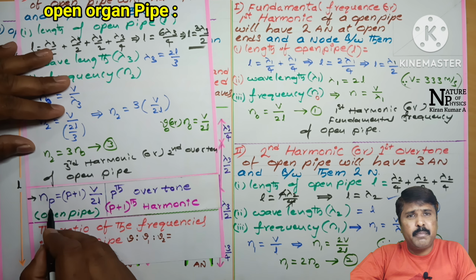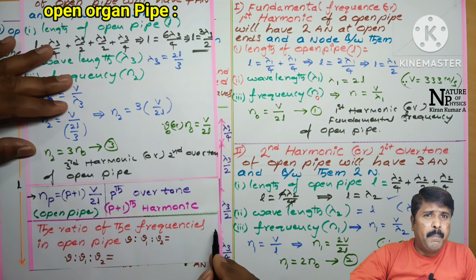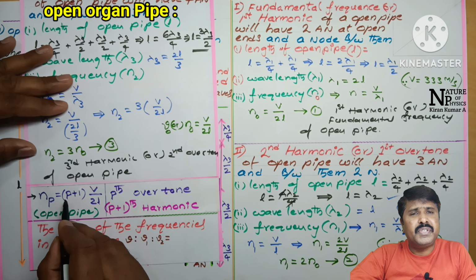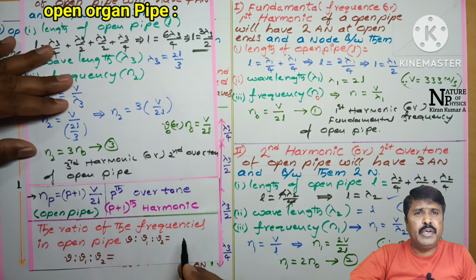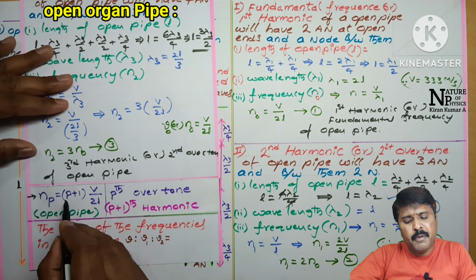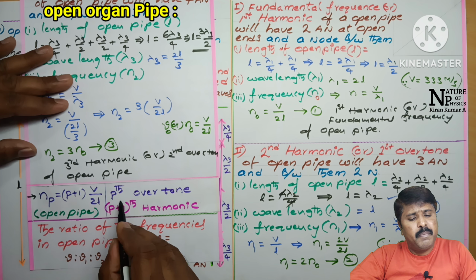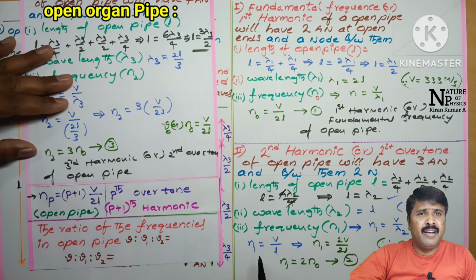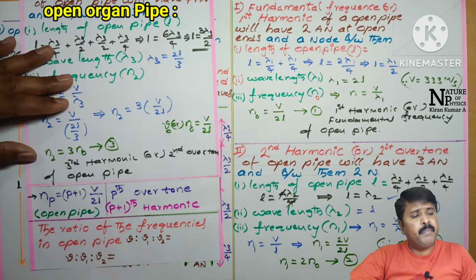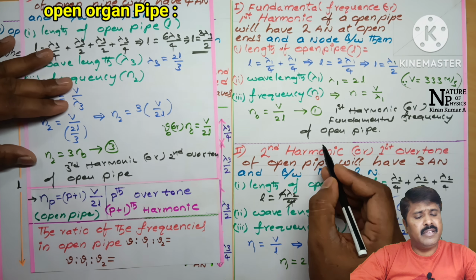Okay, so this is the basic formula for the open pipe: NP is equal to (P plus 1) V divided by 2L, where P represents the pth overtone and P plus 1th the harmonic, clearly given in the derivation. And also next I am going to write the ratio.